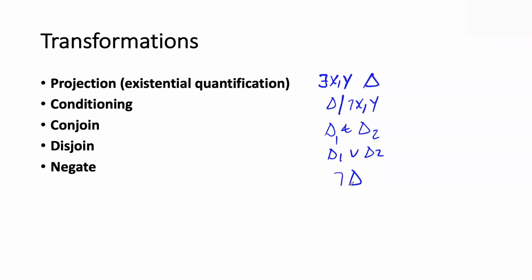The idea here was that I want the result to be of the same circuit type. So if I'm taking two decomposable negation normal form circuits and I conjoin them, I want the result also to be a decomposable negation normal form circuit. And that's why this may not be easy to do.